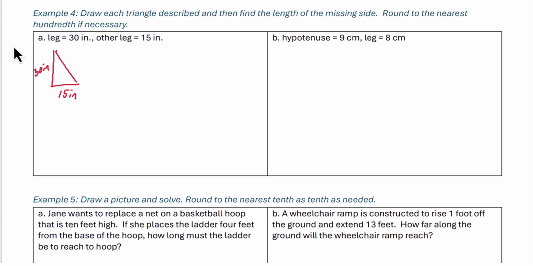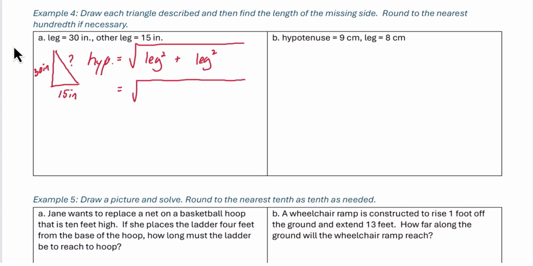We need to know the hypotenuse. The formula for the hypotenuse is the square root of one leg squared plus the other leg squared. So we have the square root of 30 squared plus 15 squared.